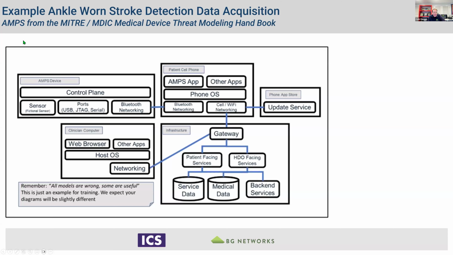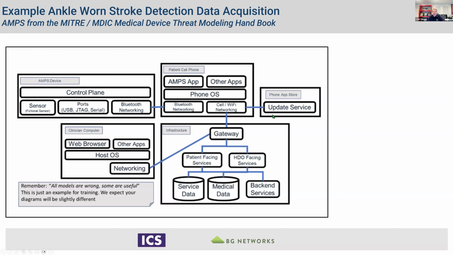And it is a nice example because it gives you the IoT embedded medical device, this is the part that's worn on the ankle, that has a Bluetooth connection, which is used so often in medical devices, going to a smartphone running the AMPS app.